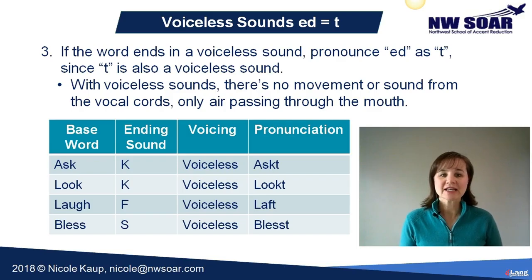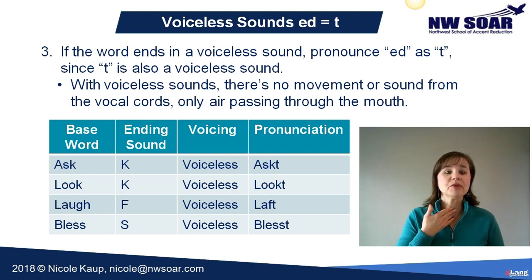The word ask, k, k. If you say the K and you place your fingers here on your vocal cords, you will feel no movement and hear no sound coming from here. Everything is coming from your mouth. K, k. The same happens with the F sound, like the word laugh.